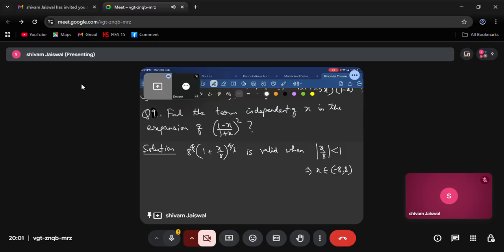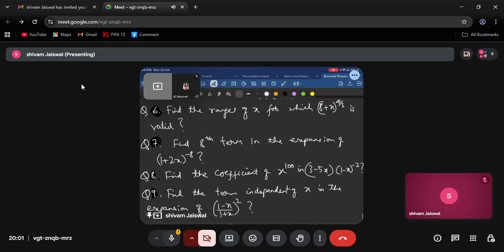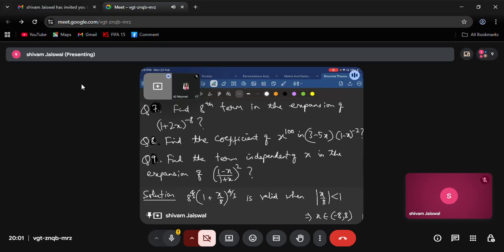Sarthak, Anandit, yes, sir. Raktim, Memel, did you understand number 6? Yes, sir. Yes, Memel, number 7 is correct. Quickly, everyone solve number 7. Anandit, did you understand 6? Yes, sir.